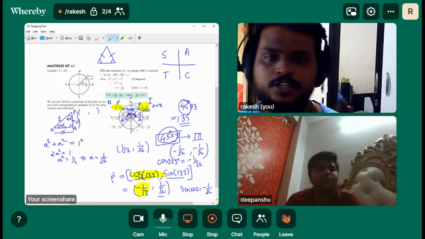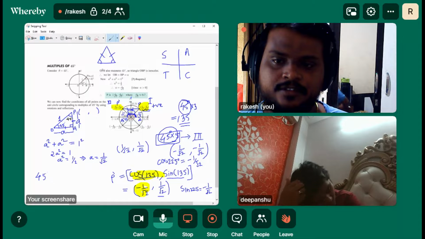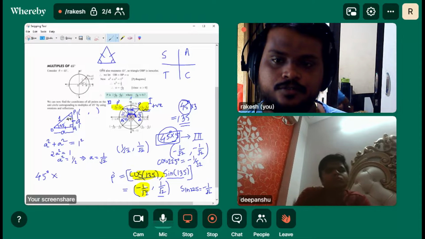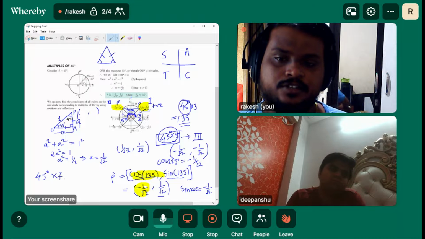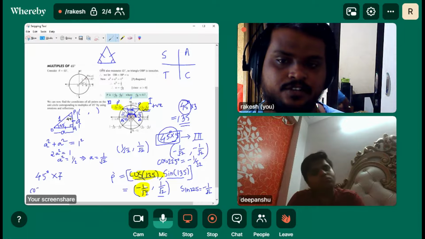Let me give you one more example. Let's say 45 into 7. Now just recognize the quadrant in which this angle lies, and based on that you can find the value.